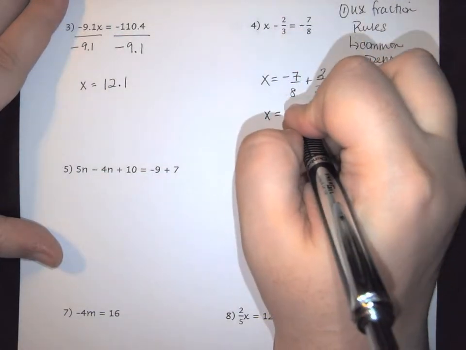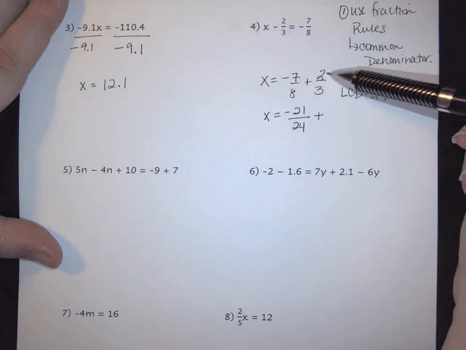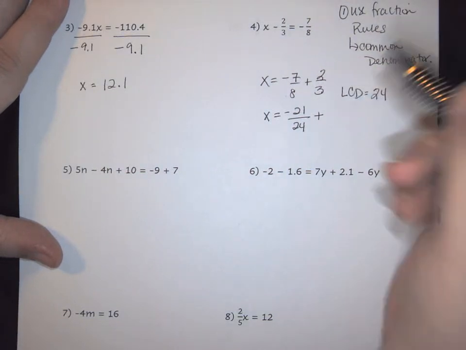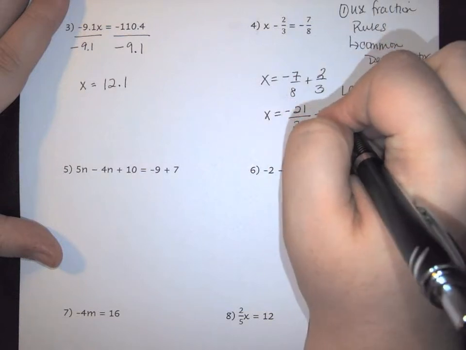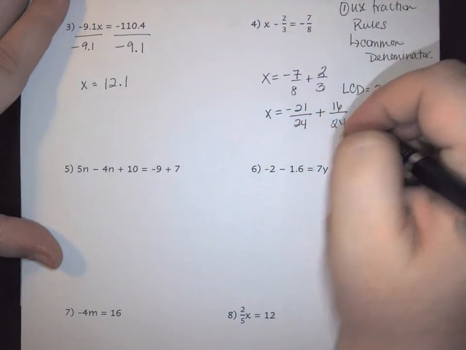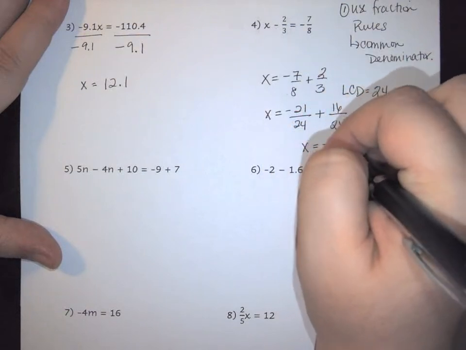So this becomes negative 21 over 24. Then for the other fraction, we have to multiply top and bottom by 8. So this becomes 16 over 24. When we combine those, we end up with x being negative 5 over 24.